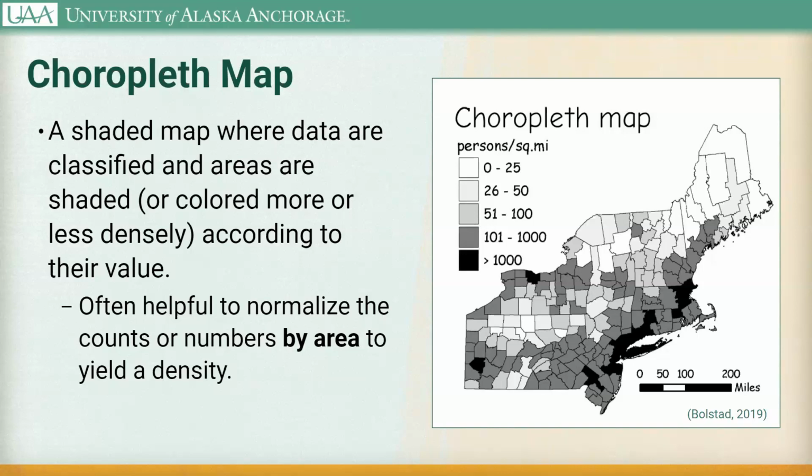So a very large county is not going to draw more attention just based on the fact that it's large. And this is something really important when you're looking at boroughs in Alaska, because there's a lot of difference in size and population and all kinds of other characteristics between our different regions.